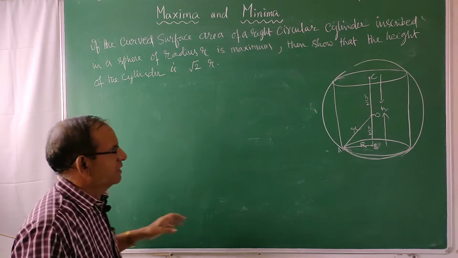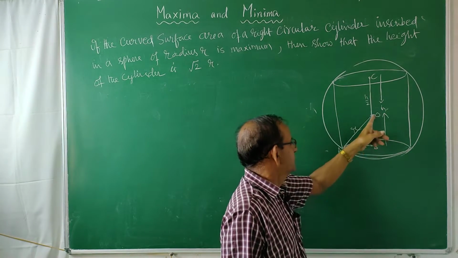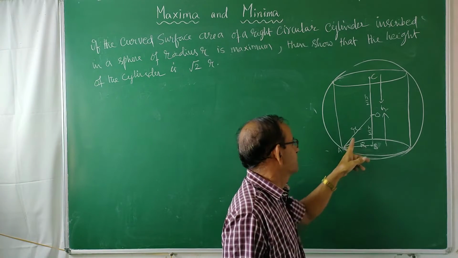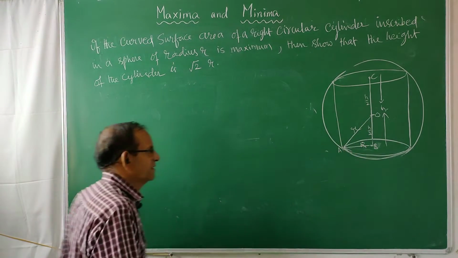Now, a cylinder is inscribed in a sphere. Sphere radius is given as r, small r, and let us take O is the center of the sphere.